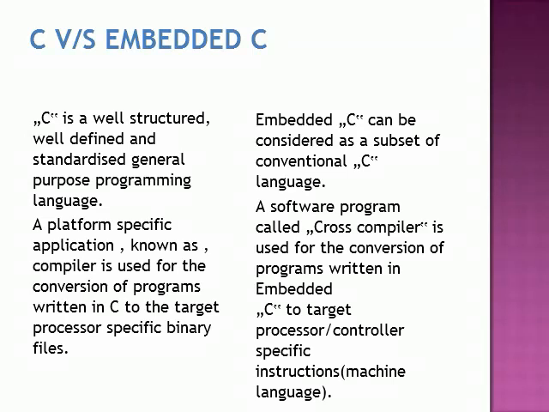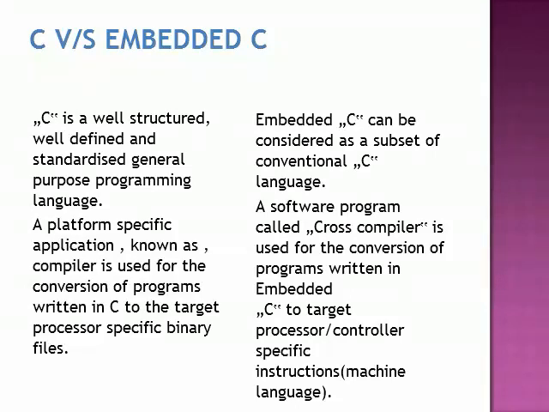As we know, C is a well-structured, well-defined programming language. Also, C language uses a compiler. That is, a compiler is used for the conversion of a program written in C to target processor specific binary files. That means with the help of a compiler, we convert the C program into machine code.